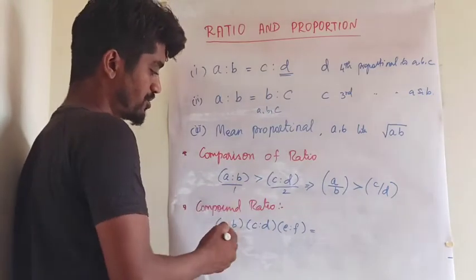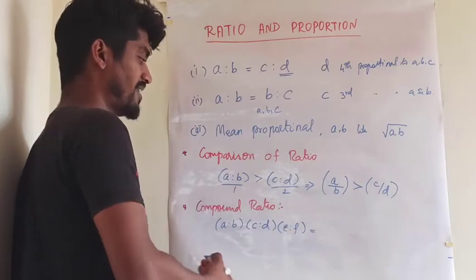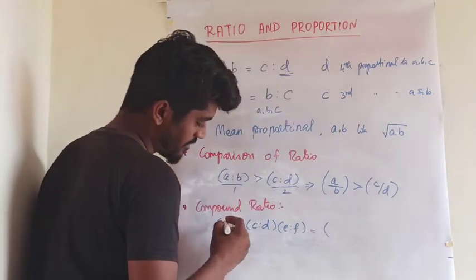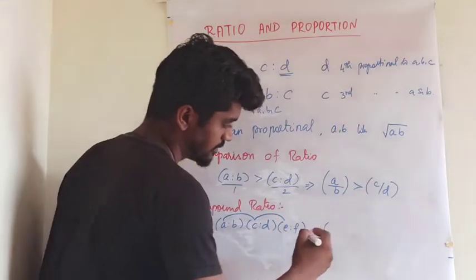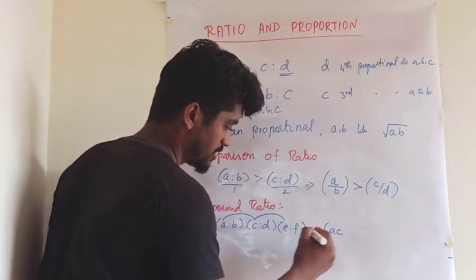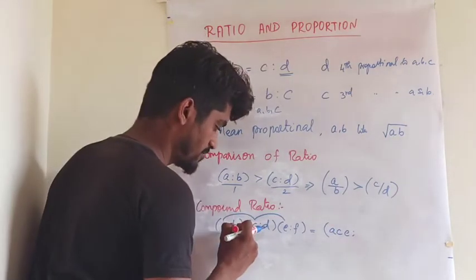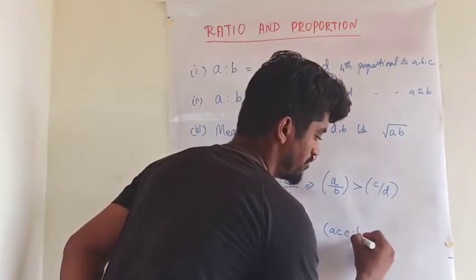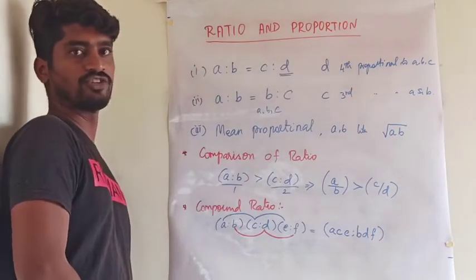In compound ratio, the given ratios are A is to B, C is to D and E is to F. We multiply all the left-hand side terms and all the right-hand side terms, so we write A multiplied by C multiplied by E is to B multiplied by D multiplied by F, that is ACE is to BDF. This is the compound ratio format.